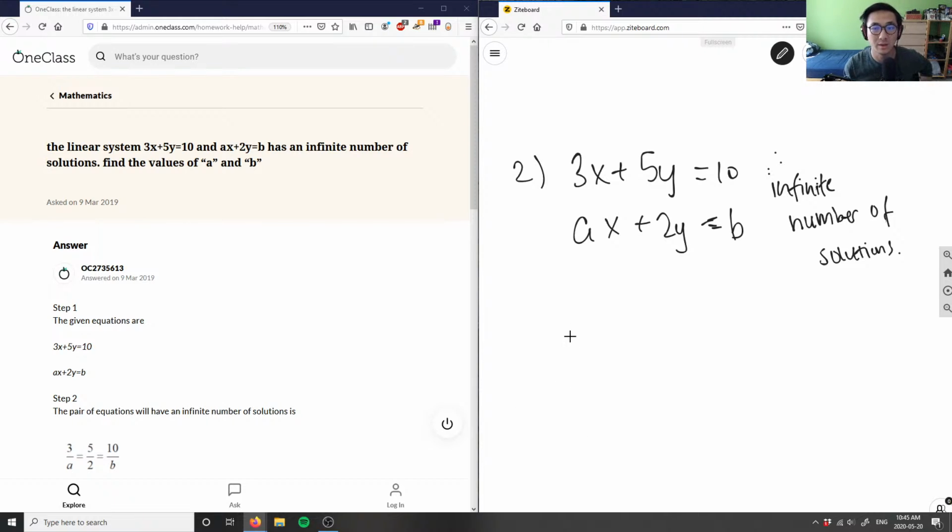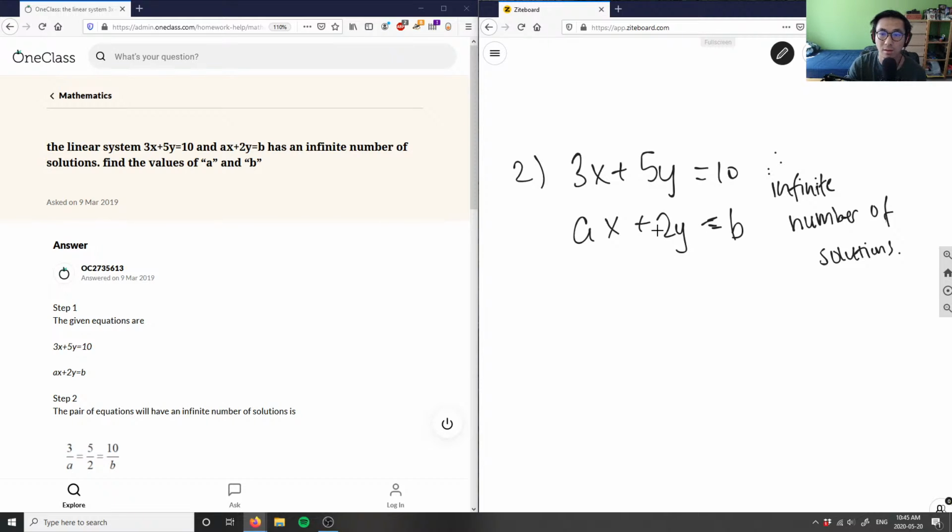So I have two lines on top of each other, which will give me an infinite amount of solutions. So in order for us to do that, how do we figure out this is going to be an infinite amount of solutions? Well, I have to make both of these equal to each other. So what we can do is again 3x plus 5y equals 10, and we know all the numbers in this linear equation, but we don't know a and we don't know b in this one as well. But we know that 2 here, so we can work with this 2.